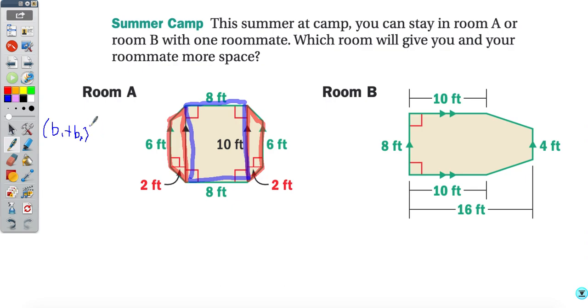Once we do that, we are going to multiply it by our height and then divide it by 2. So our two parallel lines are going to be 10 feet and 6 feet. So I'm going to add 10 plus 6, which is equal to 16.